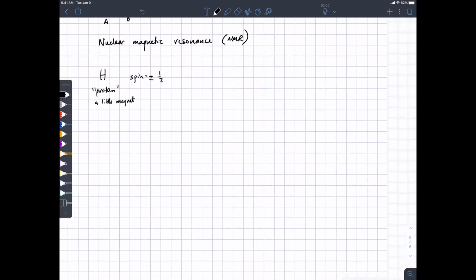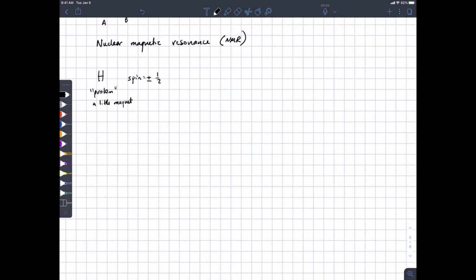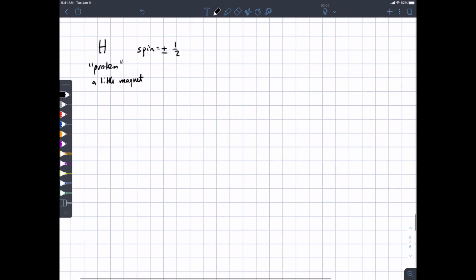So if a sample has lots of protons in it, we're not even worried about what they're bonded to. If there's no external magnetic field, there's no difference in energy to have spin 1/2 or spin minus 1/2, right? It doesn't matter which way a magnet is oriented if there's not a magnetic field for them to interact with.